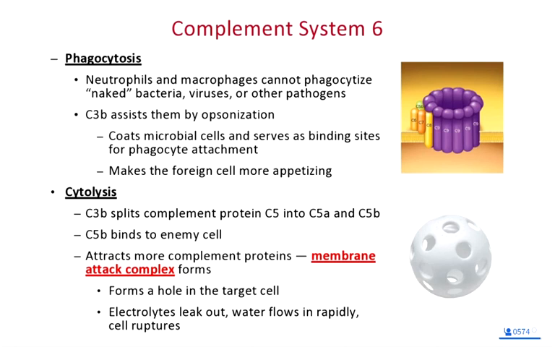We also have phagocytosis. When a bacterial protein or bacterial cell has a bunch of complement proteins on its cell membrane or cell surface, cell wall, depending if it's gram-negative or gram-positive, that bacterial cell is going to be flagged for phagocytosis.